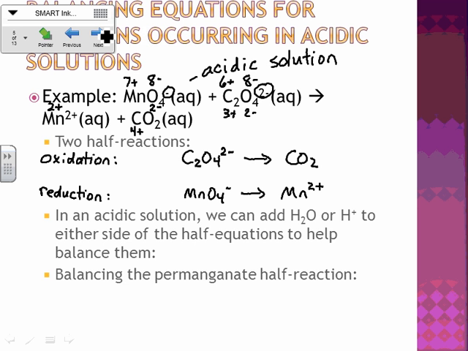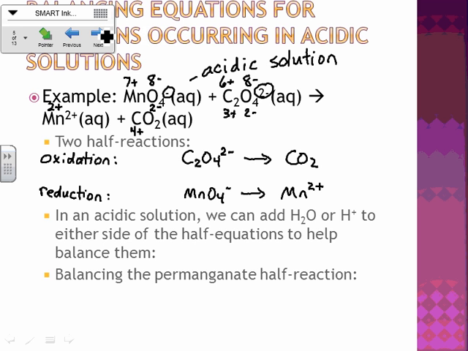So that's step 1, we just write the 2 half reactions. And again, you don't have to know which one is oxidation and which one is reduction at first. You can just keep the same species together, and then you don't really have to worry about the oxidation state so much. Now, if you want to be really careful and make sure you're doing this right, you might label the oxidation state on all these.